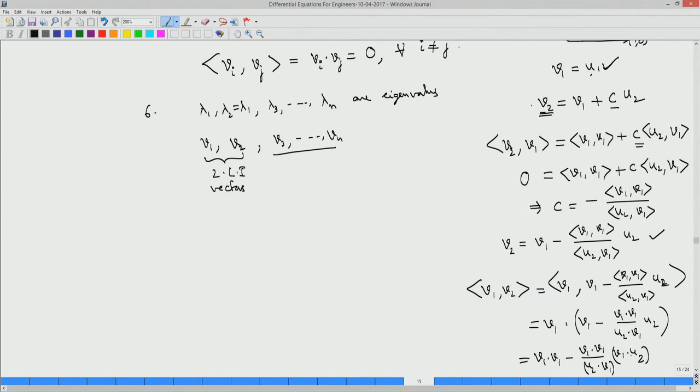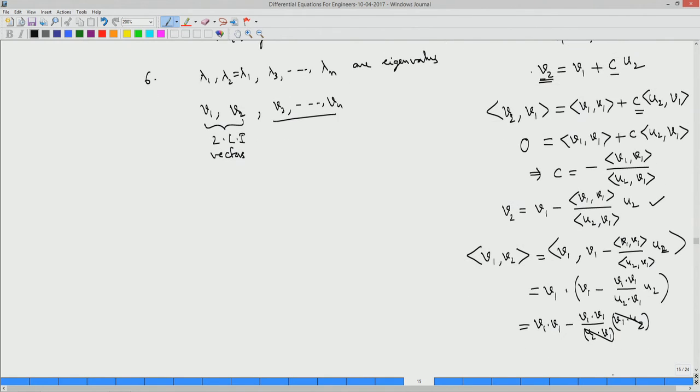Thinking of just real values, this cancels, and what you are left with is 0.